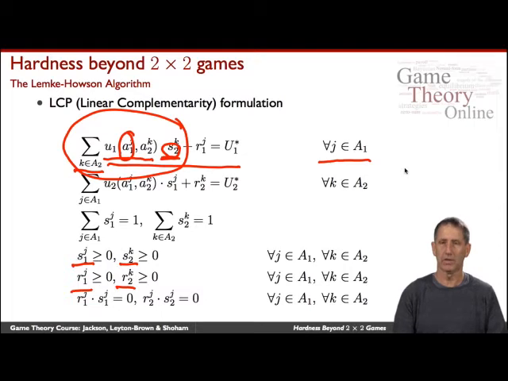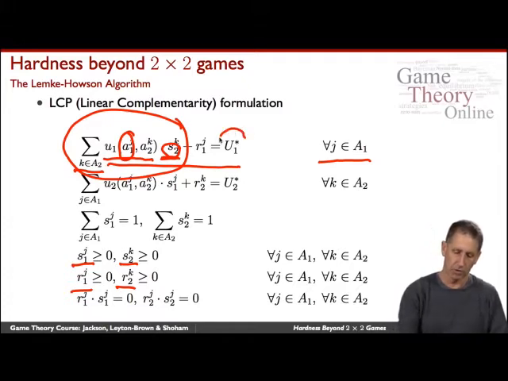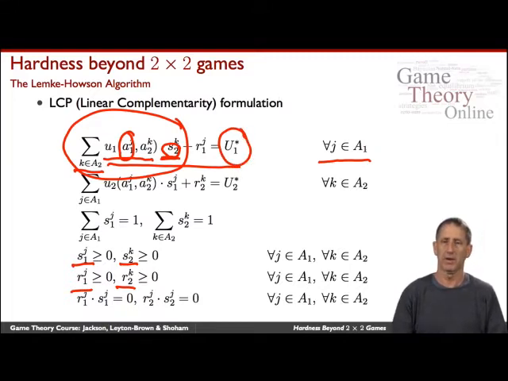And it is what it is. And in general, if you look at all the actions that player 1 plays, they will give different payoffs. What we want is for player 1 to best respond to that strategy of player 2, because in equilibrium, every player is best responding to the other. And so let's call U star 1 the payoff to player 1 in the Nash equilibrium.